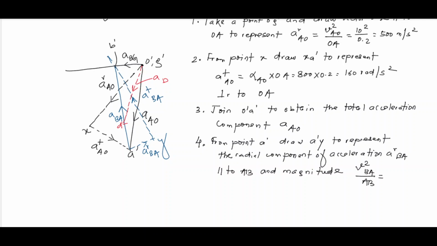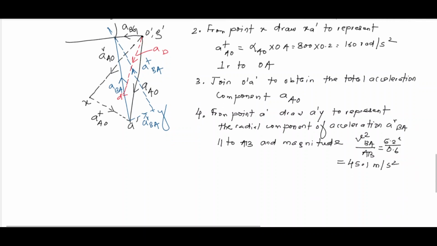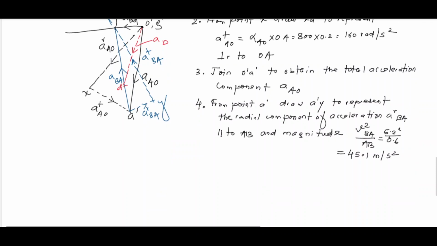V square BA was 5.2, so 5.2 square divided by AB, and AB was 0.6 meter, so it will come around 45.1 meter per second square. So we draw this line A dash Y.